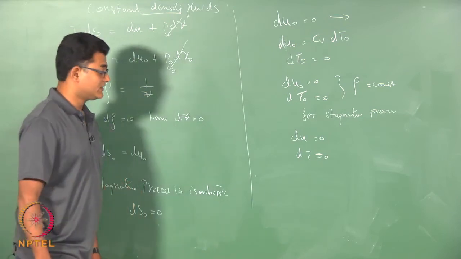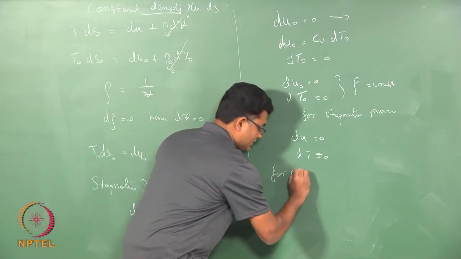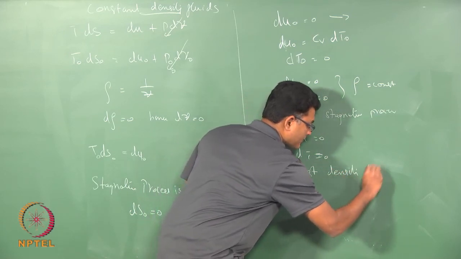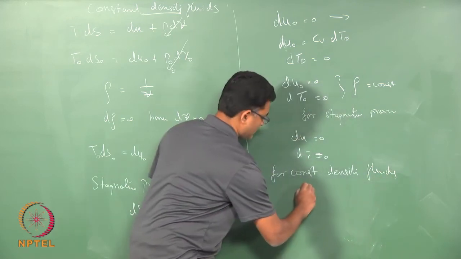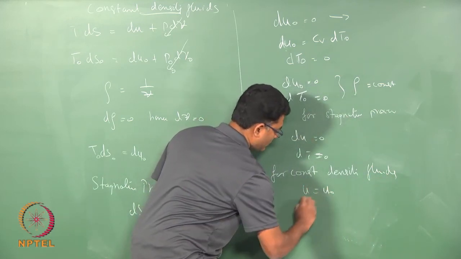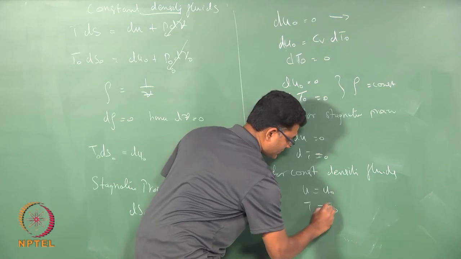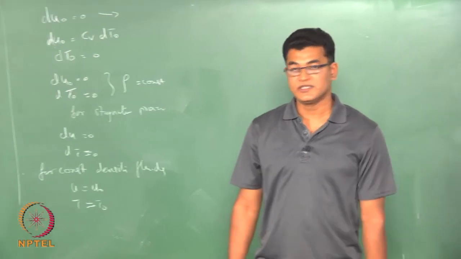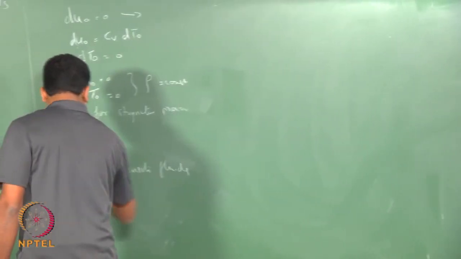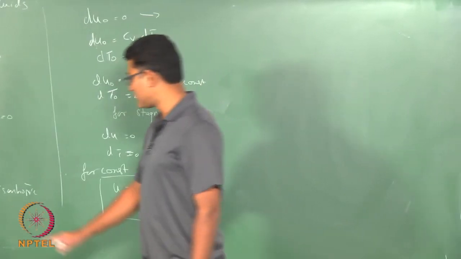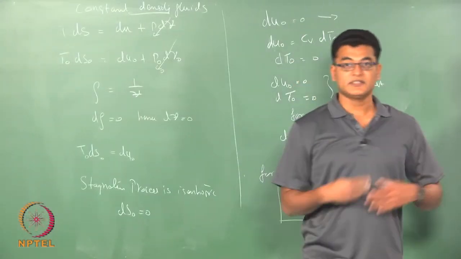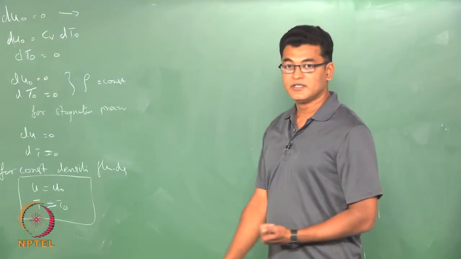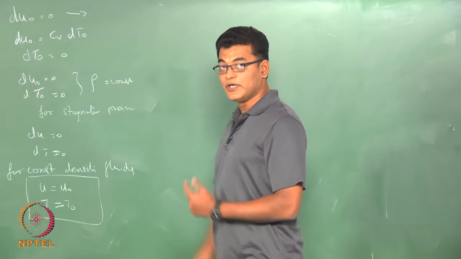Essentially, it means for constant density fluids, my u equals u0 and T equals T0. There is no distinction between stagnation and static quantities for a constant density fluid. That is what it means, because the stagnation process is essentially isentropic, and if you substitute that in the Gibbs relation, you directly get the inference as static quantities same as your stagnation quantities for u and T.